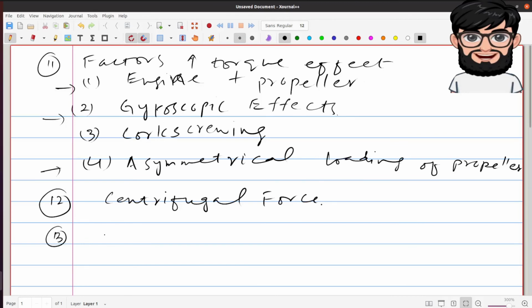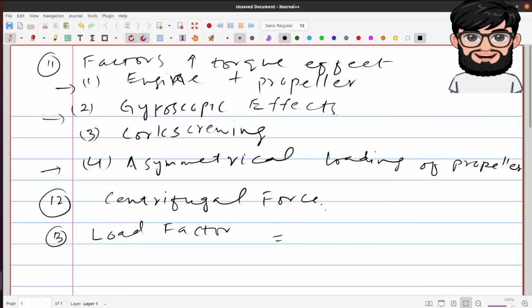We're going to be covering two more here. One is the load factor. It is the ratio of the total load supported by the airplane's wing to the actual weight of the airplane and its contents.